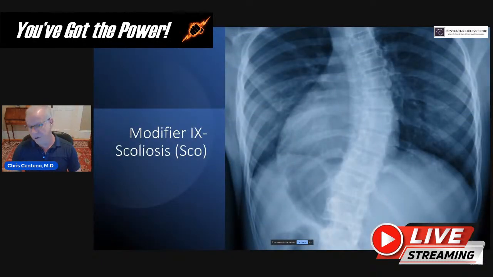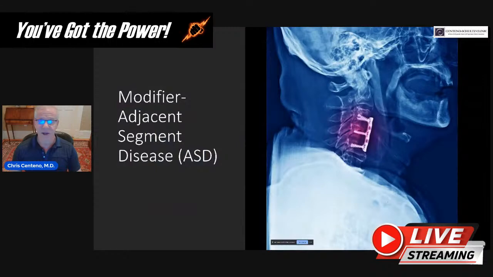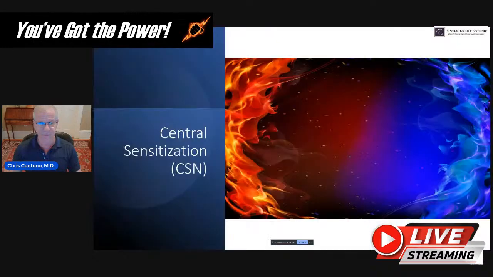You can have scoliosis. We've talked about how that puts a rotational moment up top. So that's not helping things. So at some point you might need to treat that. And you can have adjacent segment disease. Someone can fuse your lower neck, which is going to put more pressure on the upper neck, which is going to make all this worse and harder to treat.